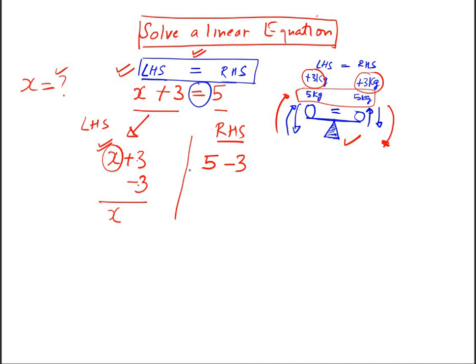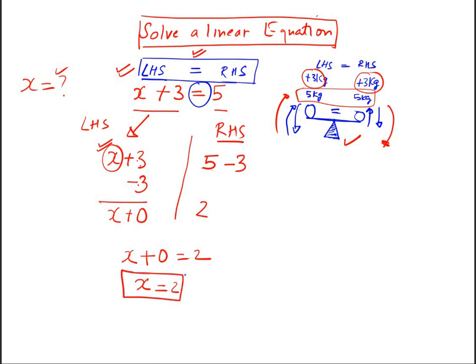So what is left on the left hand side is x plus 3 minus 3, which is nothing but 0. And on the right hand side, 5 minus 3 is 2. So eventually what I get is x plus 0 equals 2, or I can say x is equal to 2.